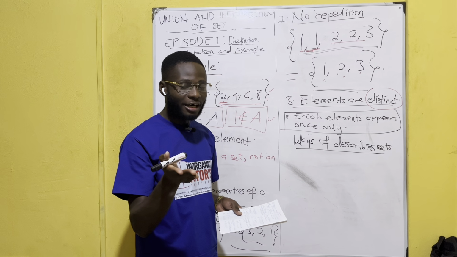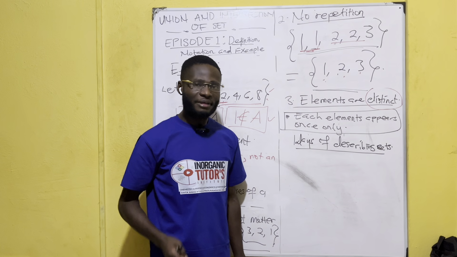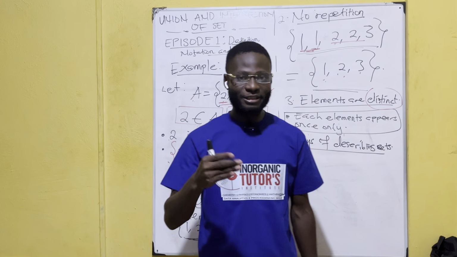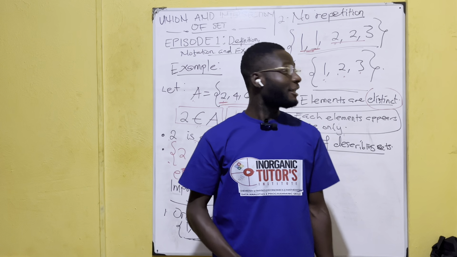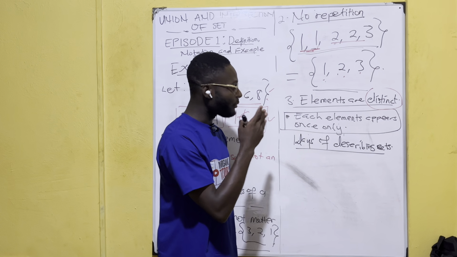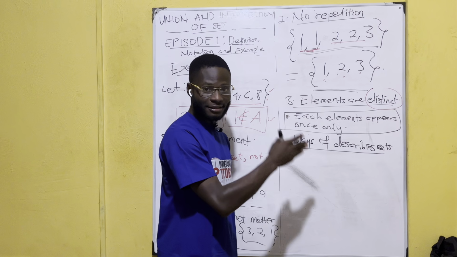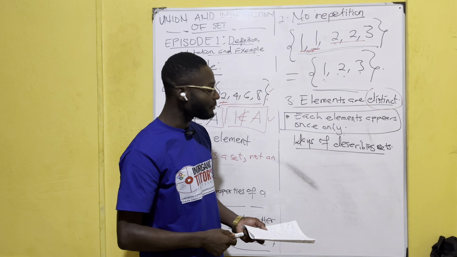You know how you describe yourself. If someone asks you to give a little bit of information about you, you begin to rattle from basics to advanced. The same way applies in mathematics, particularly sets. So we are going to learn a few ways that we can describe sets.